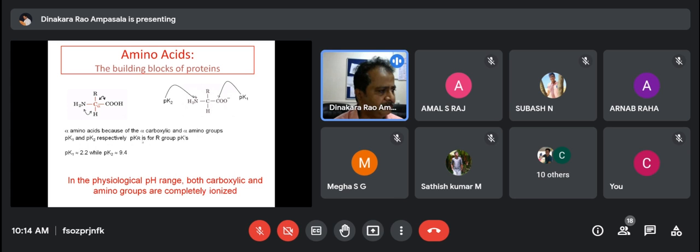Okay, the amino acids have different types of nature. Basically, we can call them amino acid zwitterions. Here the amino group sometimes gets a positive charge, or the carboxyl group gets a negative charge.